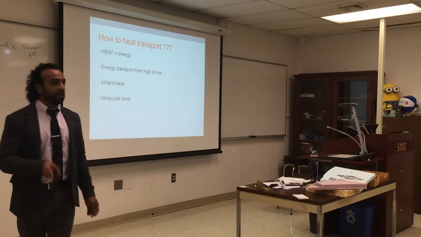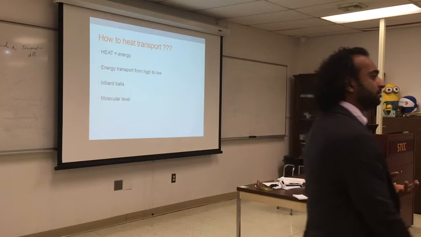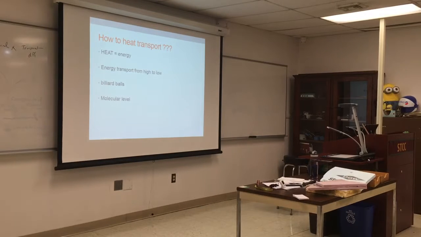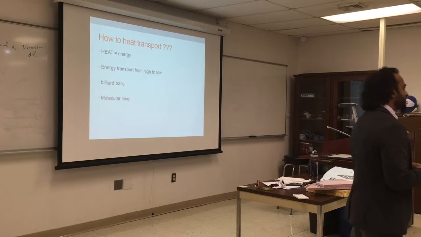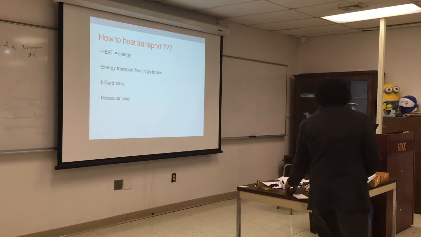You heat something, it vibrates, the electrons vibrate so much they have more energy. Once they touch another molecule, they will transfer that energy. So molecules do the same thing. If I heat this table from one corner, eventually it will start to spread heat. Why? Because the molecules will transfer heat to each other.